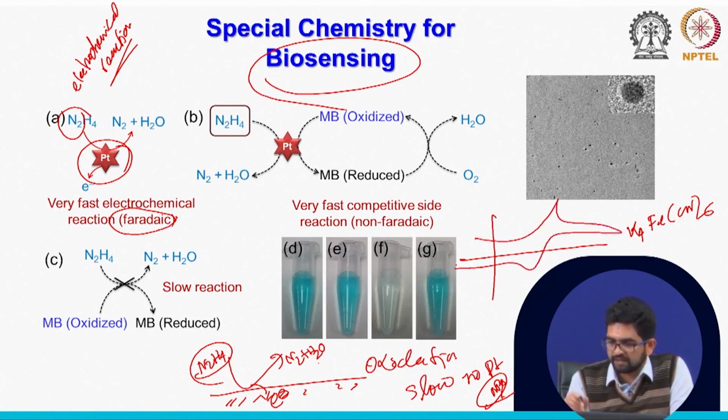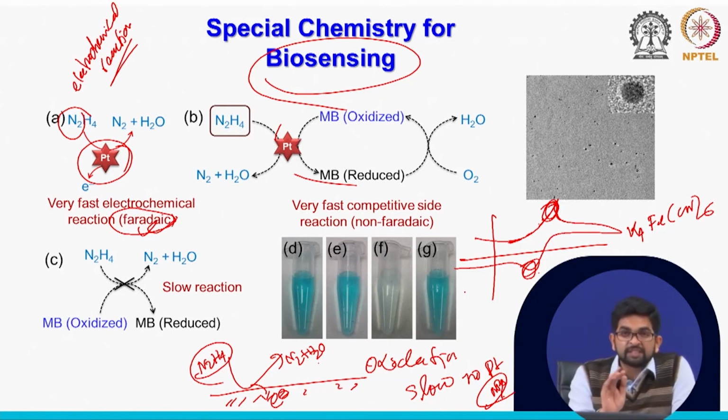This is the cyclic voltammogram like this. In this case, the oxidation and reduction current, the redox behavior, is responsible for the Faradaic reactions. And non-Faradaic means chemical reactions that are not involved in oxidation reduction reactions. Okay, so that is a very simplified form.